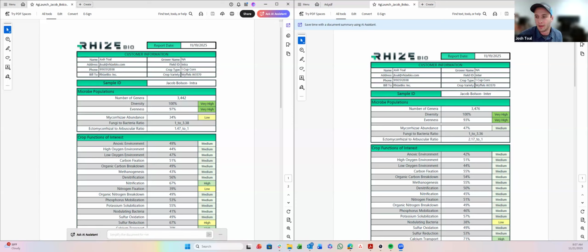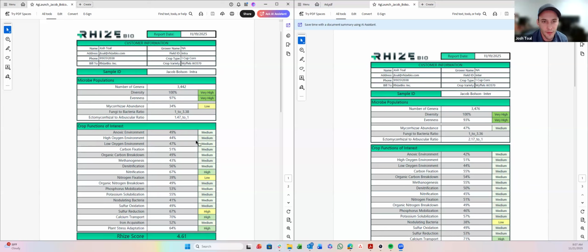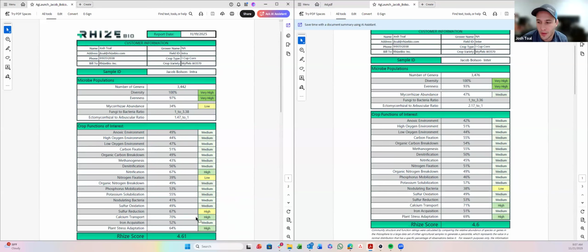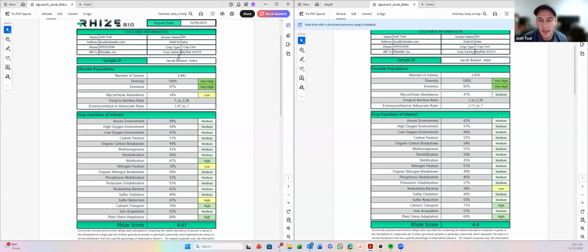This is closer to the root where we were seeing some of those issues. We had low nitrogen fixation, high sulfur reduction, and low mycorrhizal abundance. So there were two additional flags just on the base report that we were seeing in the intra versus the inner.